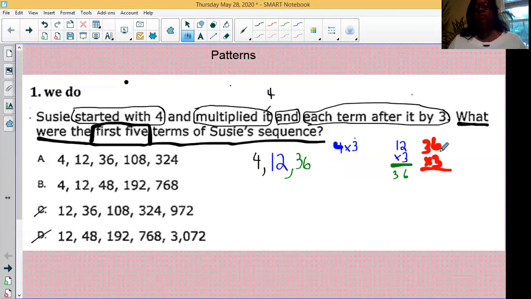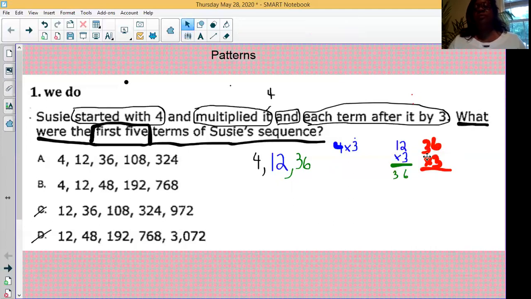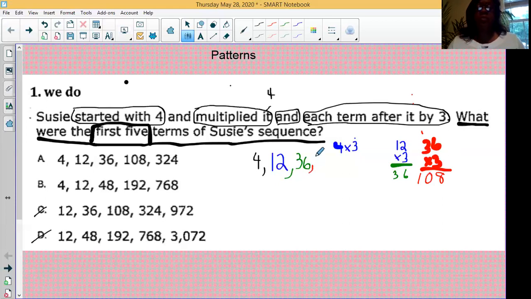Okay, we know 3 times 6 is 18. So put down your 8 and carry your 1. And then 3 times 3 is 9 plus 1 is 10. So 3 times 36 gives me 108. So 108 would be the fourth number in the series.